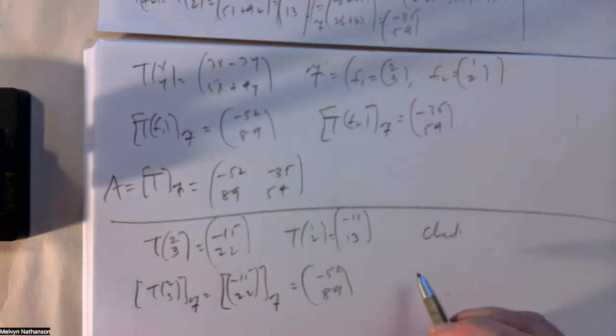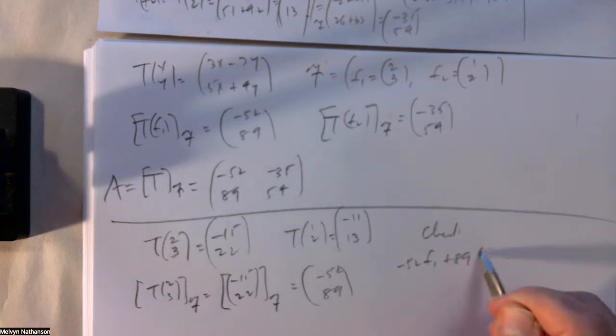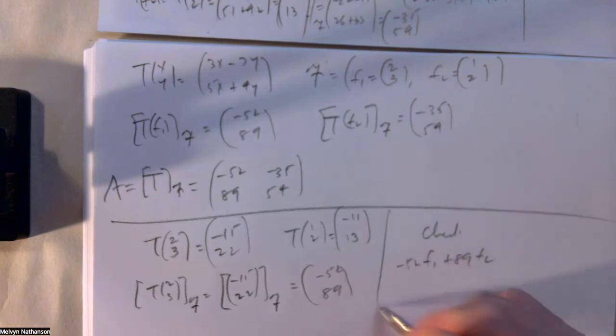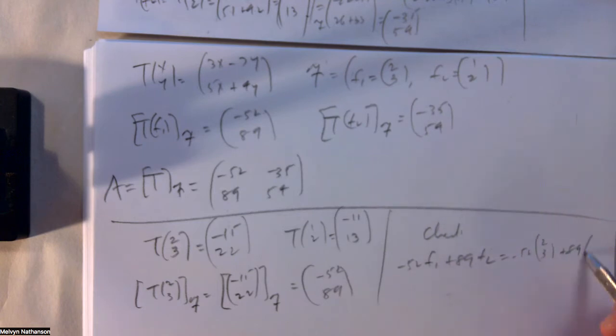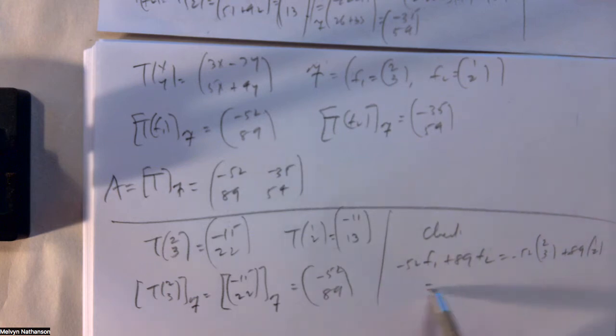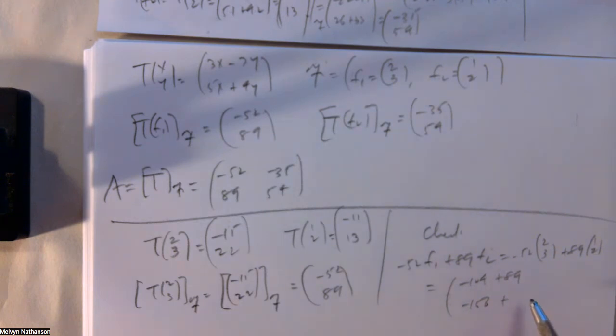If I take minus 52 f1 plus 89 f2, this is minus 52 times (2, 3) plus 89 times f2, which is (1, 2). So this is minus 104 plus 89, minus 156 plus 178.